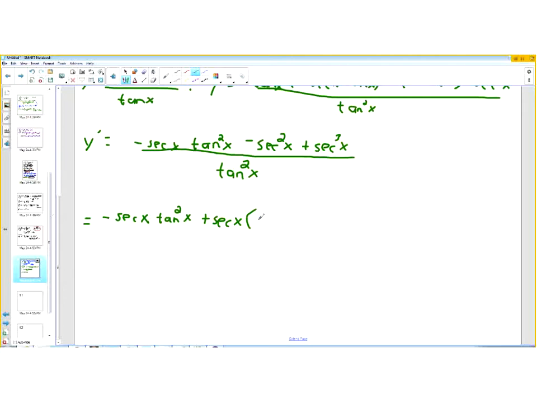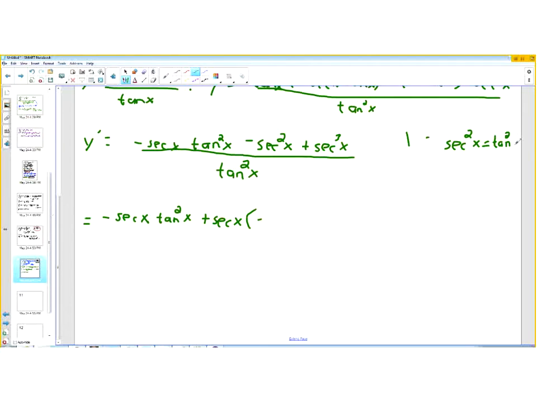I'm trying to look for a pattern using the fact that 1 plus secant squared x is equal to 1 over cosine squared. I think that's 1 minus secant squared x. 1 minus secant squared x is equal to tangent squared x.